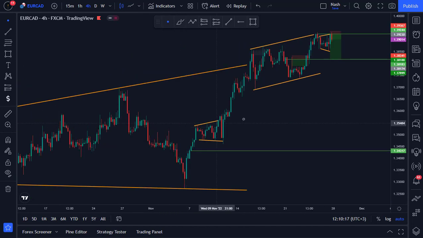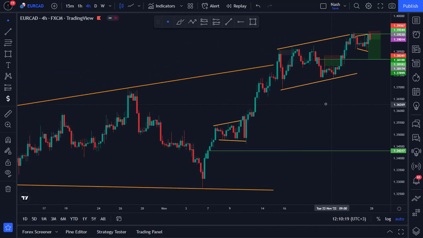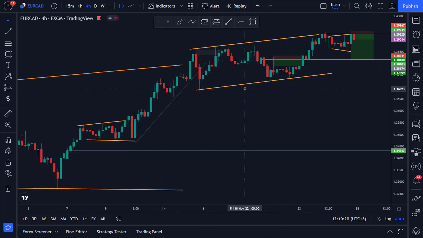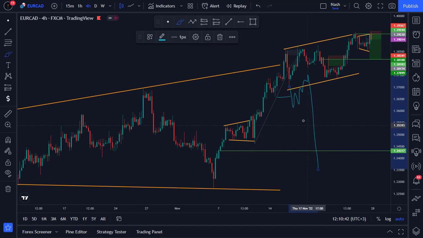So I didn't look for my entry, because most of the time I use the 1 hour and 4 hour time frames to get a good entry. For me with this one, you can see here we broke it nicely. If we could have moved a little further downwards, breaking this low, then got a correction, it could have been a better move for us to take it towards the downside.